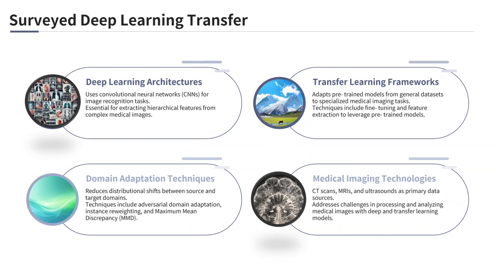So, the survey of deep learning transfer architecture. The article discussed the use of various deep learning models such as convolutional neural networks or CNNs, not to be confused with the broadcast network, but commonly applied to image recognition, as we mentioned. Particularly for analyzing medical images like CT and MRI scans.